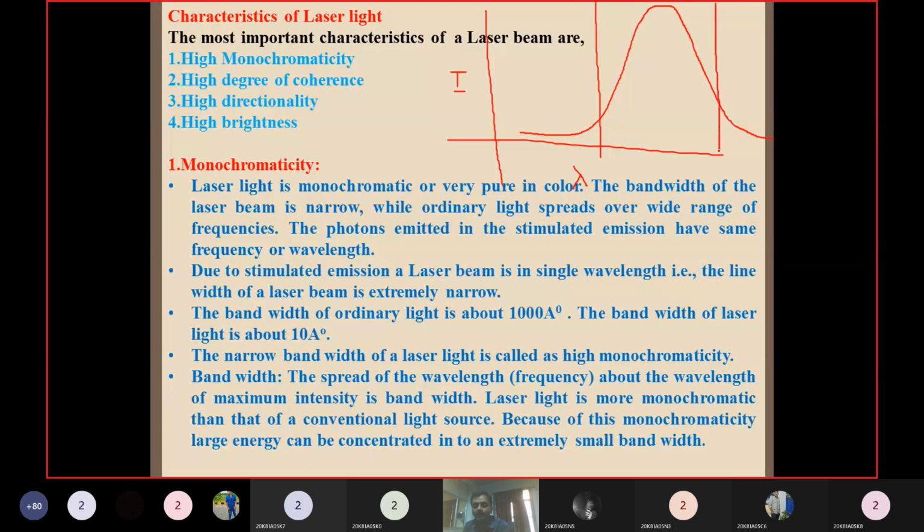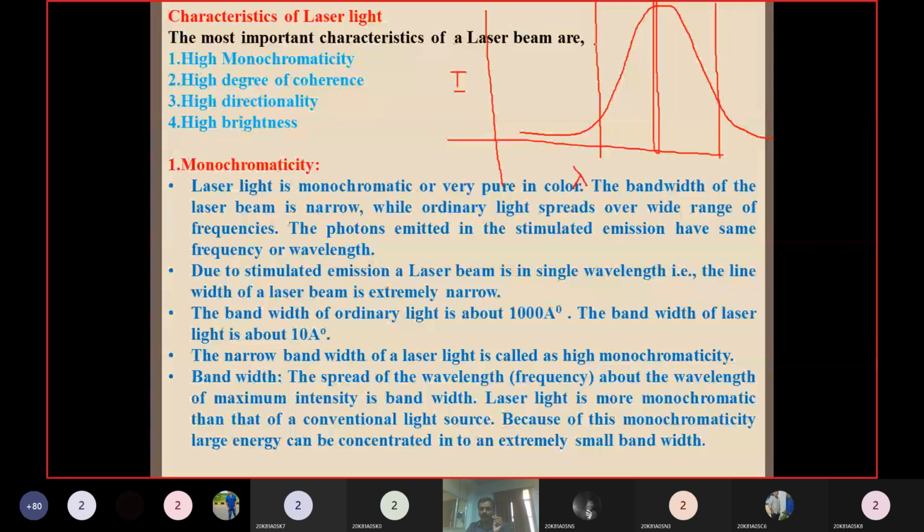Sodium light emits orange color, with a wavelength of 598 angstroms. At the middle, at the high intensity peak, it has 598 angstroms. Around that peak there is a spread of the remaining wavelengths.